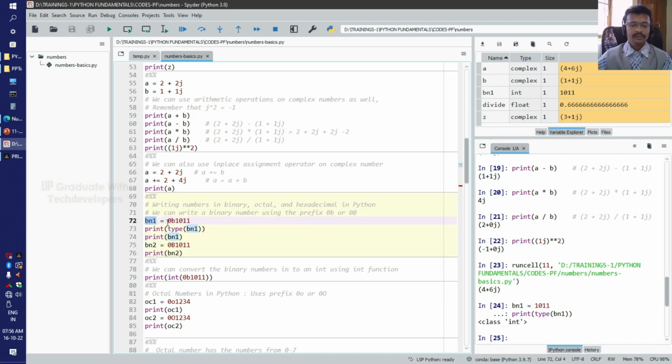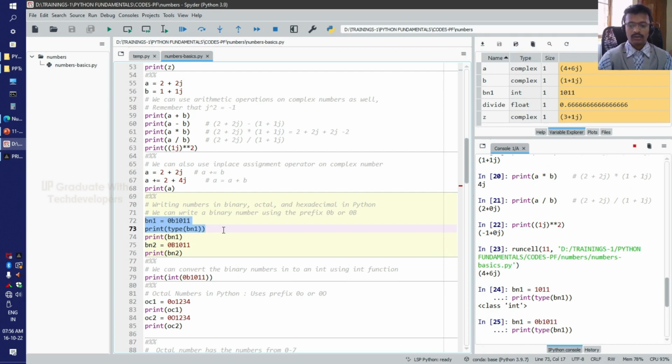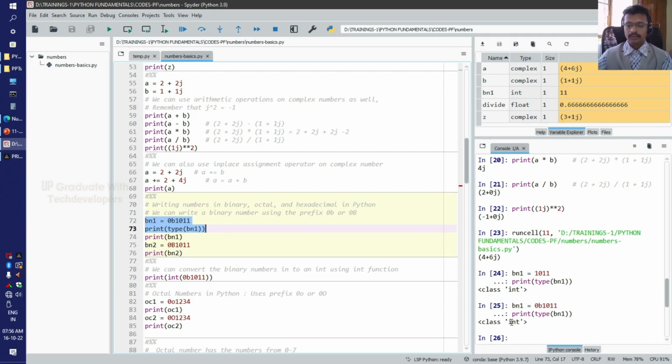and then if we type the type of the number, again we are getting int, because this will convert the binary number into an integer value, and then the value will be assigned to this variable bn1.